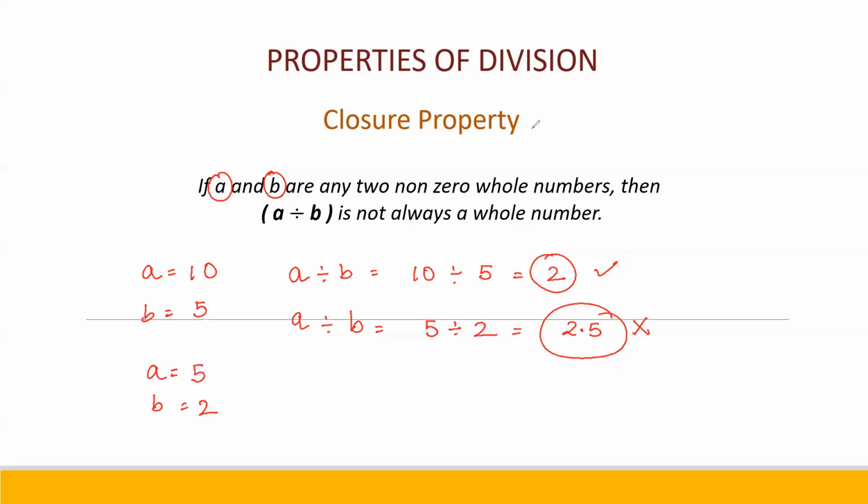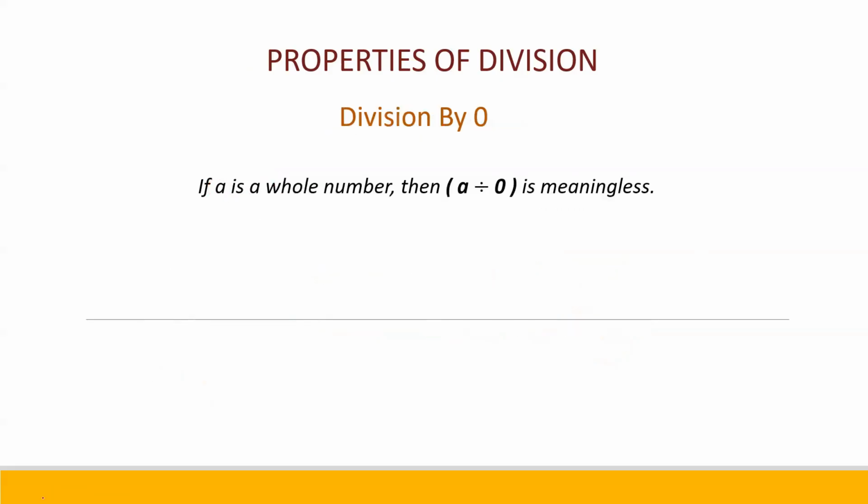Hence, closure property may or may not be satisfied in case of division for whole numbers. This means closure property does not always hold for division. Now, if the closure property does not hold for division, this means the commutative law, the associative law, all these will also not hold for division.